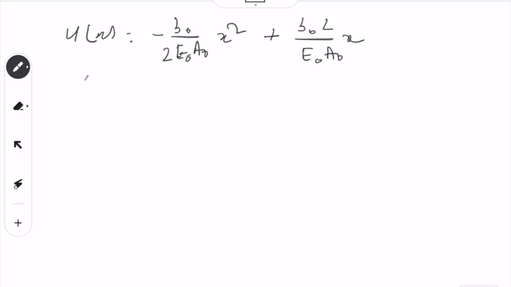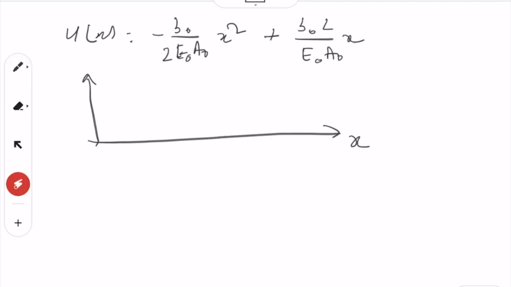You have x like this, and u is 0 at x equal to 0, and then you can also have x multiplied by this, minus b naught over 2 E naught A naught x basically, right.